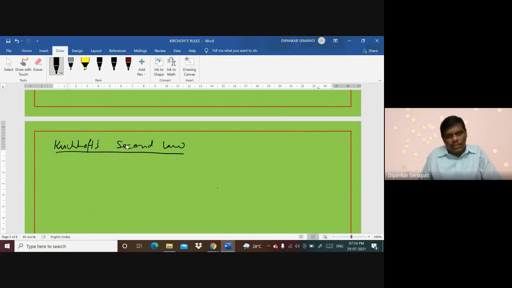Second law is also known as loop rule, or voltage rule. Okay. Now this is applicable for a loop.